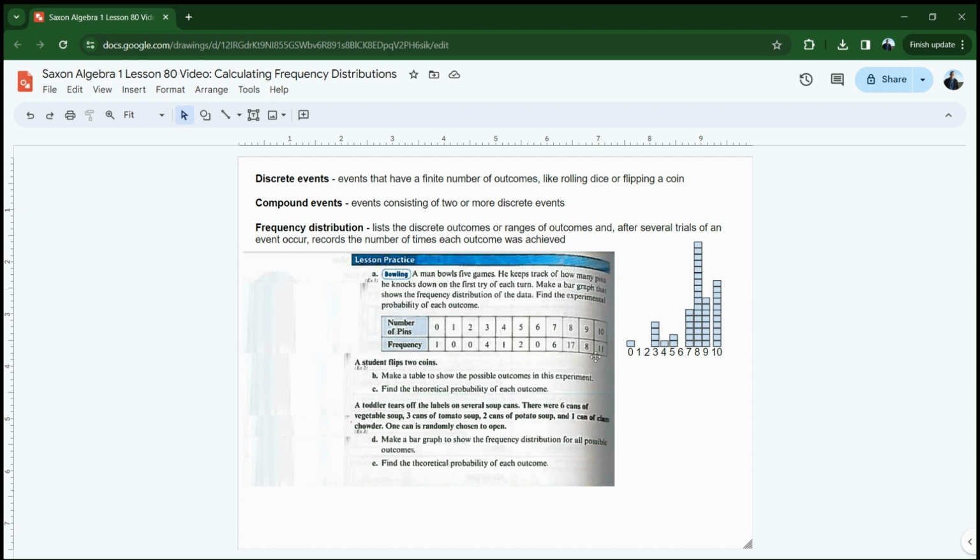Now, if there's 50 total trials, can I figure out a probability for each one? So 0 would be 1 over 50. 3 would be 4 over 50. By the way, 1 and 2 would be 0 over 50. Then 1 over 50, 2 over 50. 2 over 50 could be simplified, by the way, to 1 over 25. 4 over 50 could be simplified to 2 over 25. 6 over 50, 17 over 50, 8 over 50, 11 over 50.